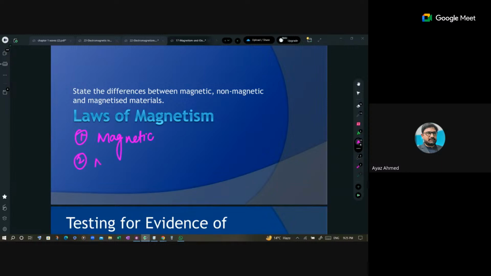Second, non-magnetic materials, they cannot be magnetized. And third, magnetizable materials, we can magnetize them. So these are three classifications of your materials.